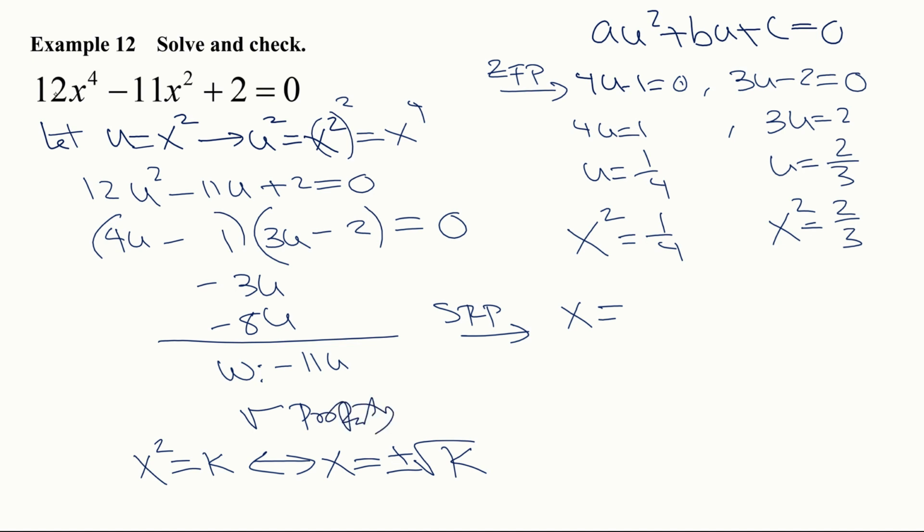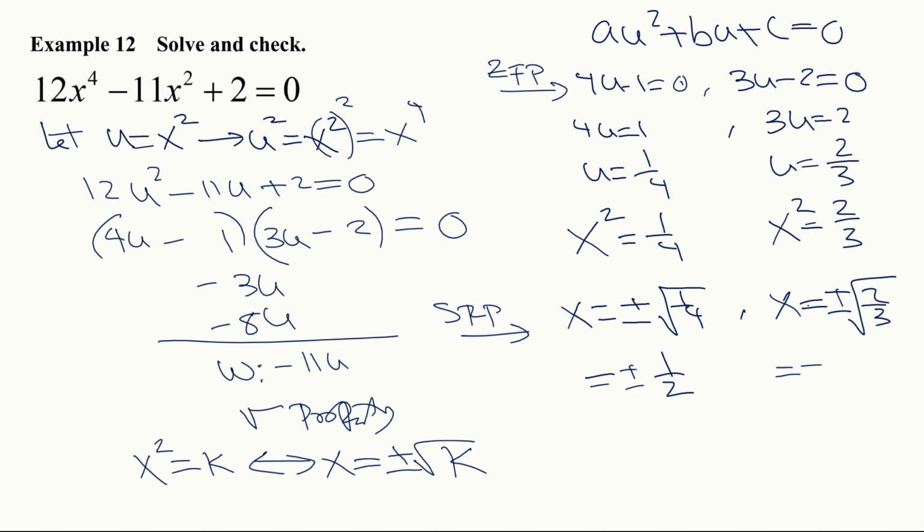All right, so that means x equals plus or minus square root of 1/4. This one gives us x equals plus or minus square root of 2/3. Now this one is easy. That's just plus or minus 1/2, right? This one you got to do a little bit of work with.